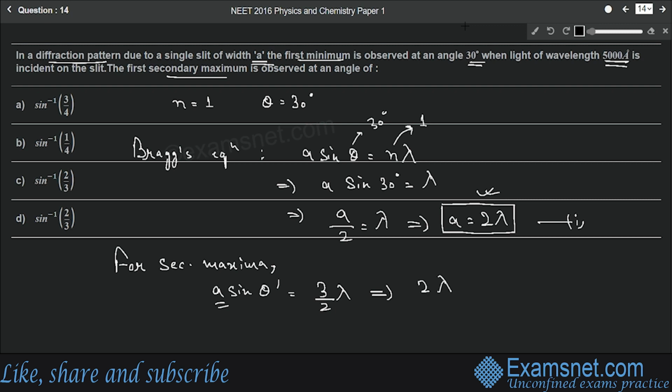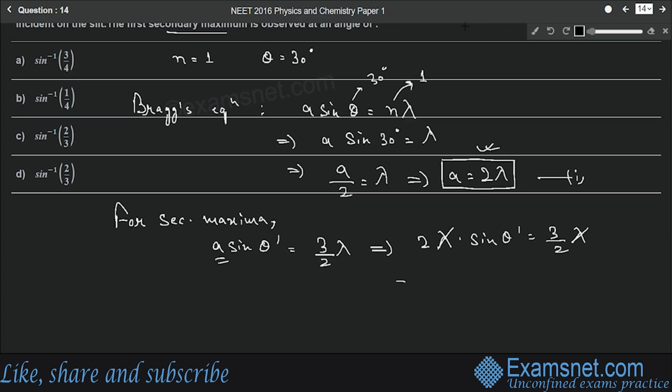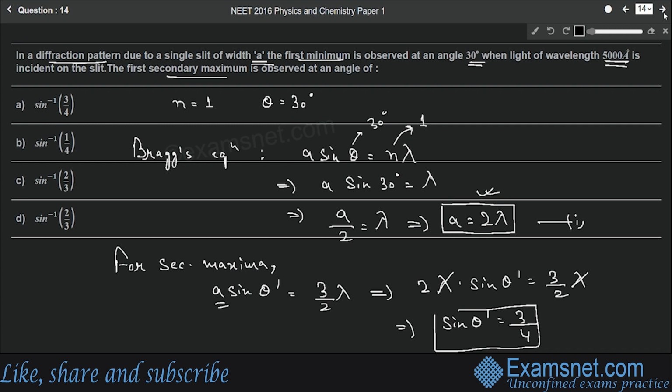So 2 lambda into sine theta dash is equal to 3 by 2 lambda. Lambda is on both sides, so cancelled. So sine theta dash is equal to 3 by 4. So what will be the value of theta dash? That will be equal to sine inverse 3 by 4. So the correct option will be option number A, sine inverse 3 by 4. This is the angle that is observed.